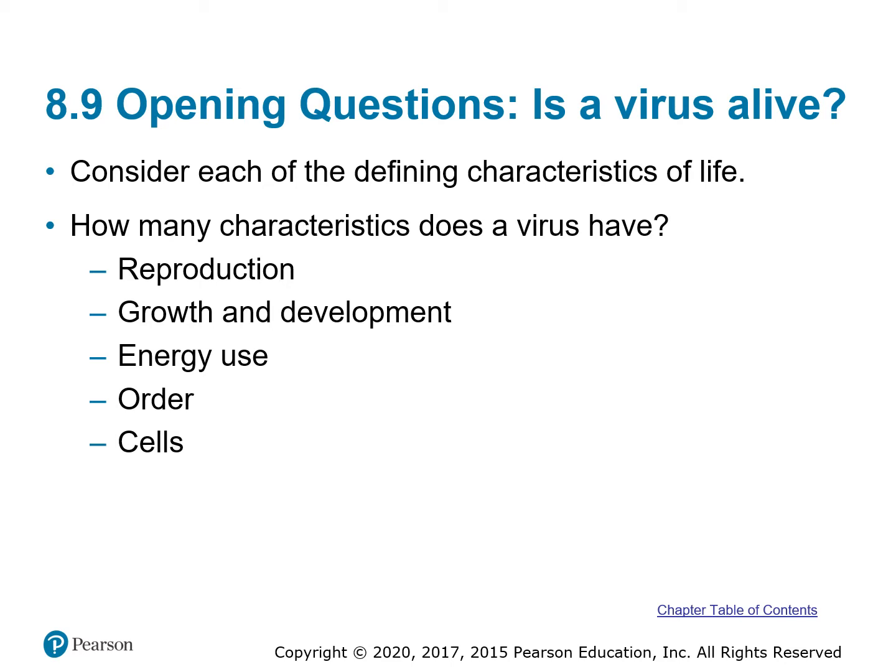When you think about how many characteristics a virus has regarding reproduction, growth and development, energy use, order, and cells, it turns out that a virus is not actually a cell. And that's probably one of the major reasons why most biologists do not consider viruses living, because they are not made up of cells.